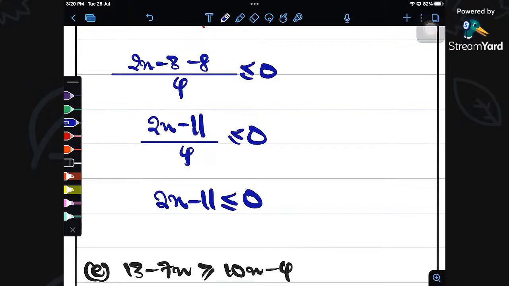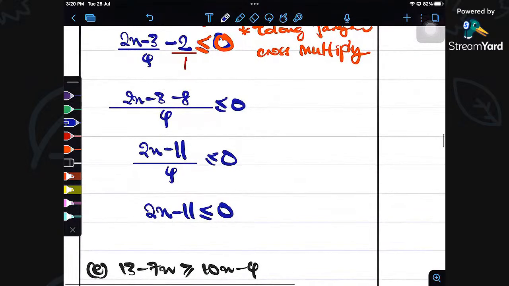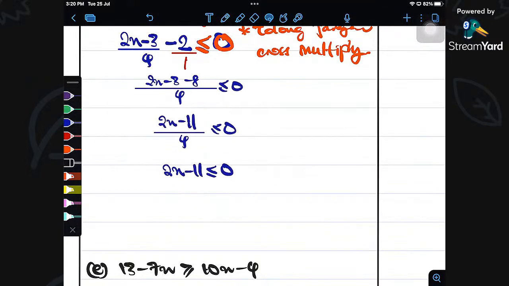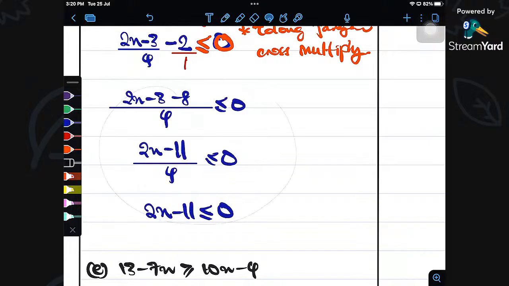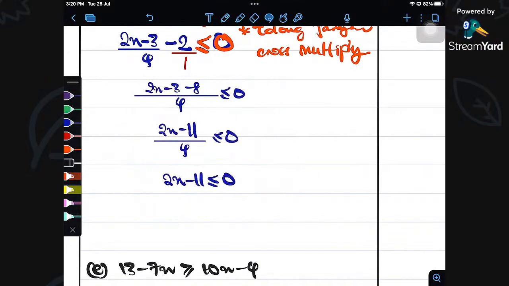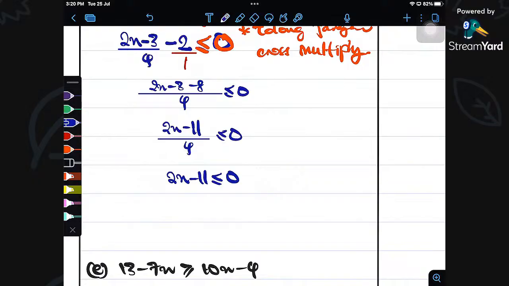Therefore, x is actually 11 over 2. So this is the answer, isn't it? Yes, this is the answer.